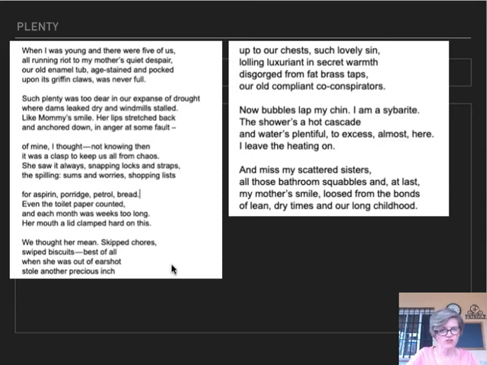All right, loads of examples in these two stanzas, this one and moving on up to here, of both of these poetry features. The caesura, where we have the breaks within the lines, and starting from here, best of all, through to up to our chests, is a good example of enjambed lines, where one rolls right into the next, and you could hear how it picks up pace.